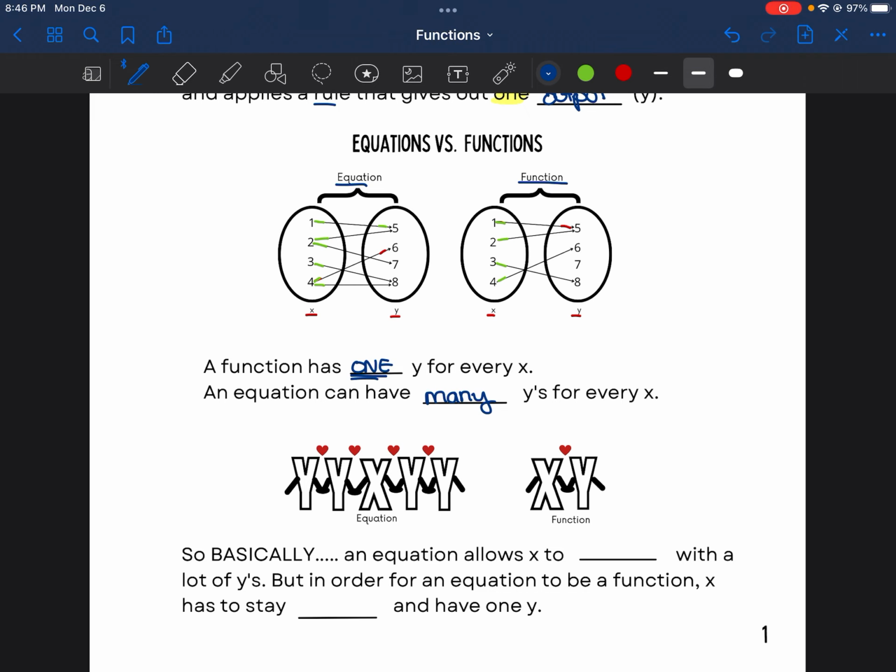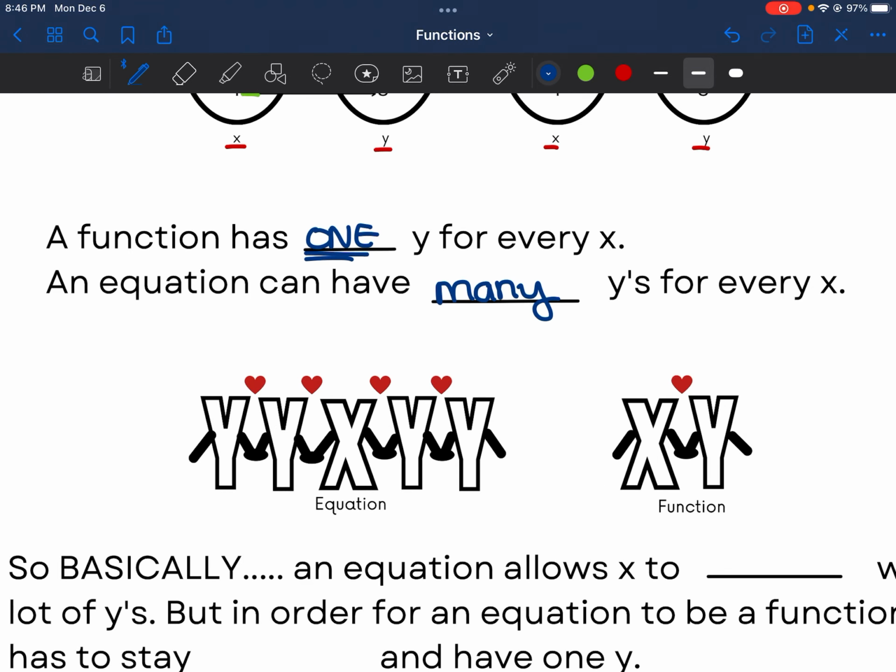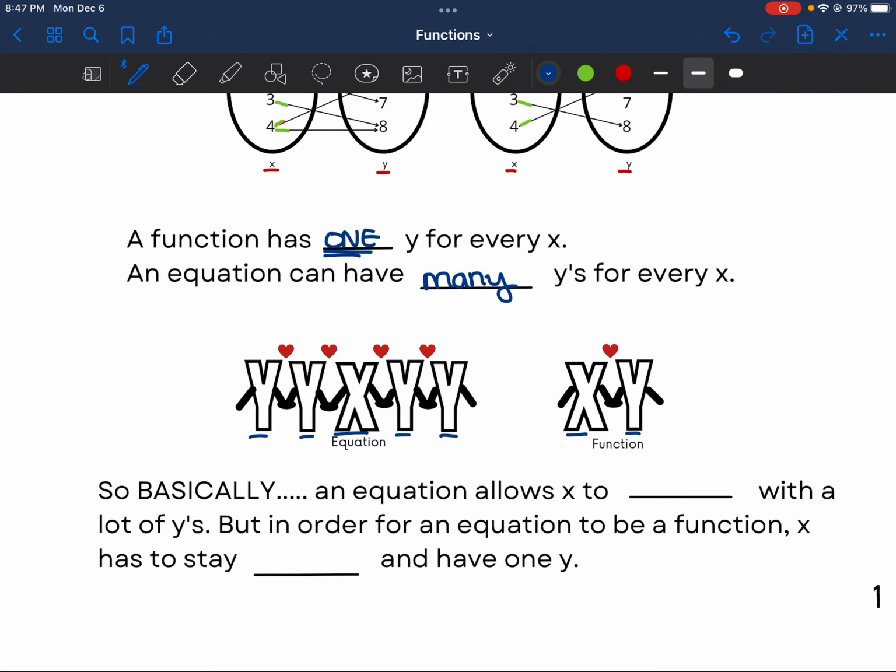The way I like to remember is that basically an equation is allowed to cheat. So an equation can have one x and he'll have many y's, many girlfriends. But a function is faithful. He only has one true love. He only has one y. So basically, an equation allows x to cheat.